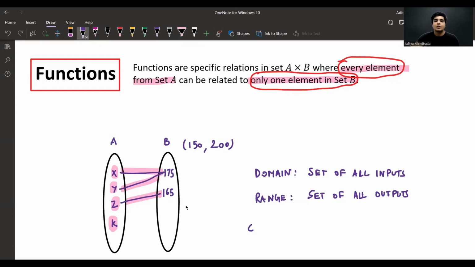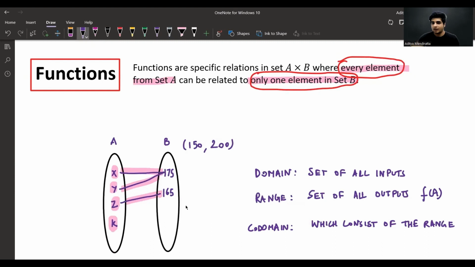Then there is a codomain, which consists of the range set, better represented as f of A.